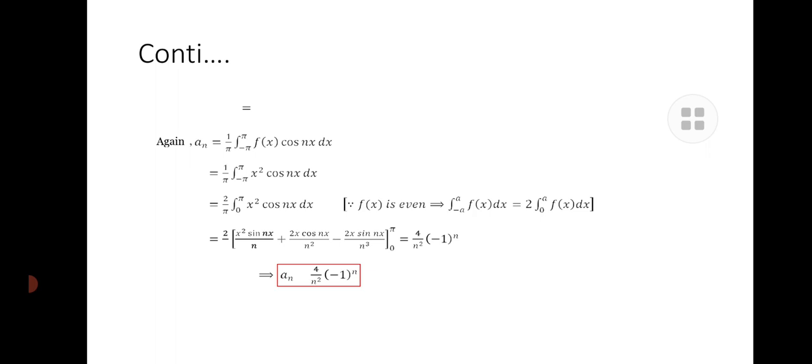The first term is x square and the second term is cos nx.